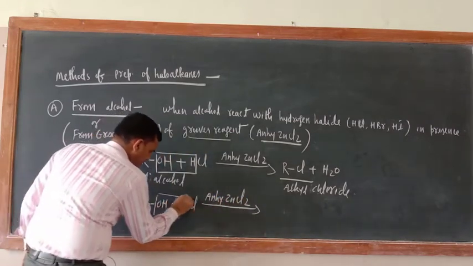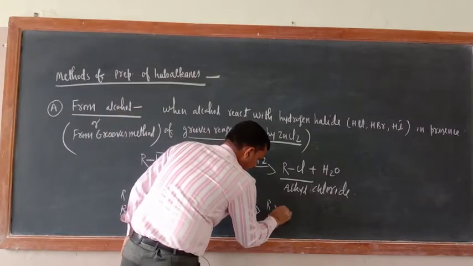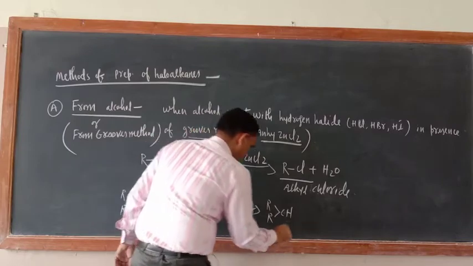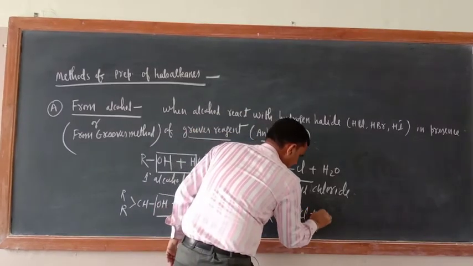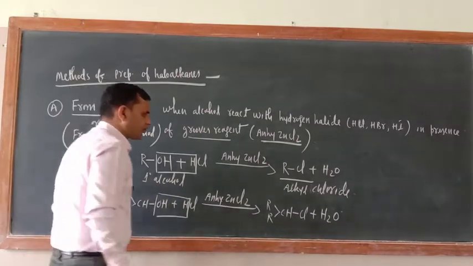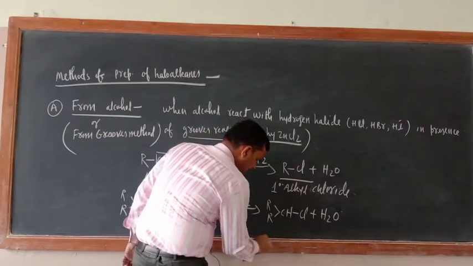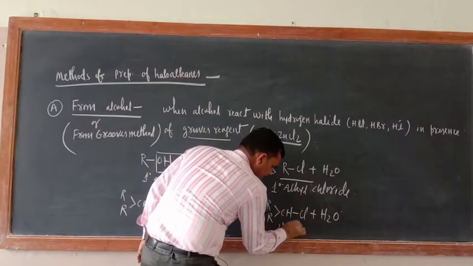So here OH and here H, so here we get R2CHCl plus H2O. So you have got a 2 degree alkyl chloride. This is 1 degree alkyl chloride. This is 2 degree alkyl chloride.